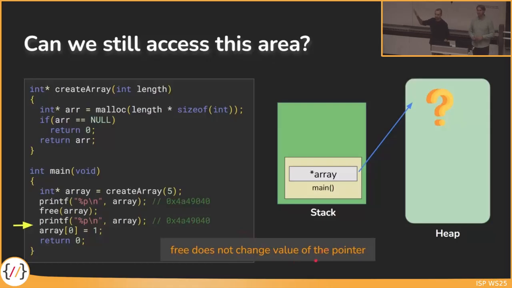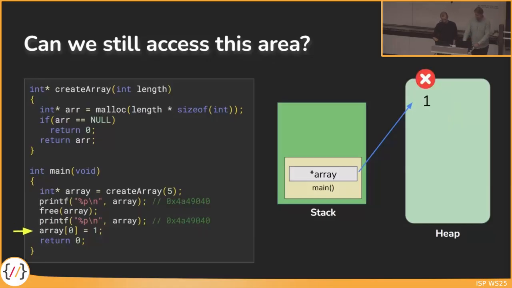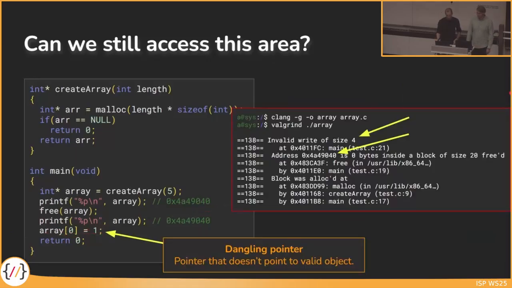It just removes the allocated area on the heap. So you could still access this array on the heap, which you shouldn't do because, again, with Valgrind you will get errors. This is called a dangling pointer, a pointer that does not point anymore to a valid object, but you can still theoretically use it.